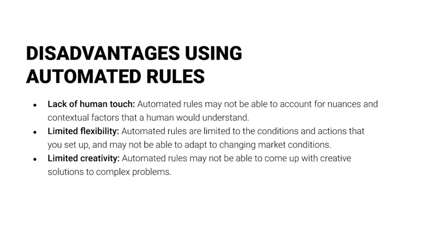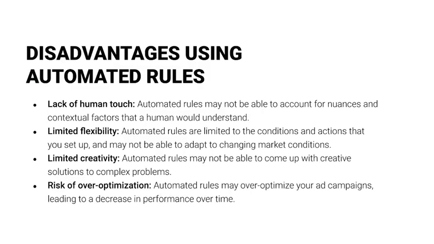Limited creativity. Automated rules may not come up with creative solutions to complex problems. So there's a lot going on, like with the economy or a specific offer or timing of the year. The thing is that these automated rules may kind of rule out some of these other complex problems that we're dealing with overall. Globally, it doesn't see the numbers like we do.